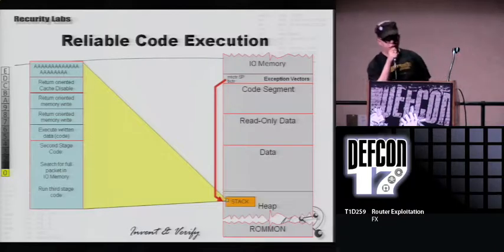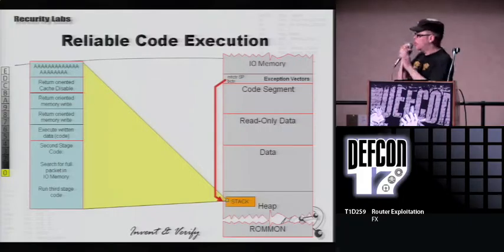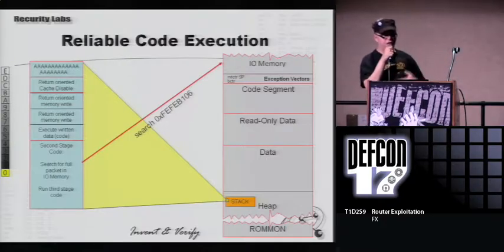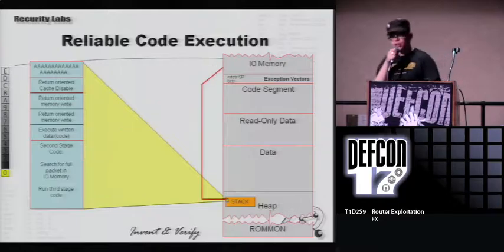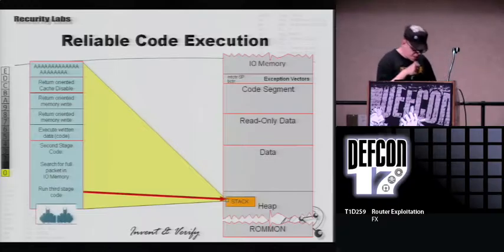So what we do is run a little second stage code that goes into I/O memory and searches for a magic value, and then finds the packet the overflow came with, right? So it's finding its car, and it's getting more stuff out, more shellcode, and putting it onto the stack where it belongs. And then you execute it, and then you're pretty much done.